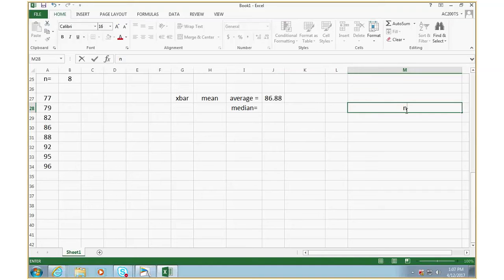If N is equal to an even number, like this one, 8, you have to take the average of the two middle numbers. If N is odd, just find the middle number.